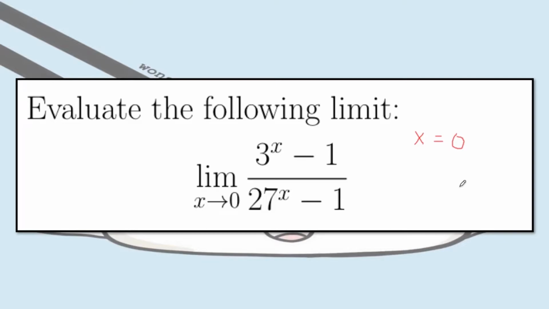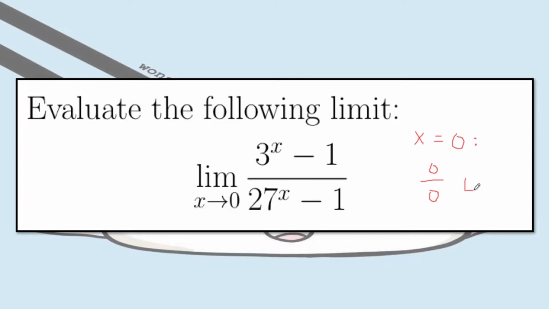similar forms. Now, if x equals 0, 3 raised to x is 1, then 1 minus 1 is indeed 0, and then 27 raised to 0 becomes 1, and 1 minus 1 is 0. So this limit, if I substitute x equals 0, I'm going to get 0 over 0.